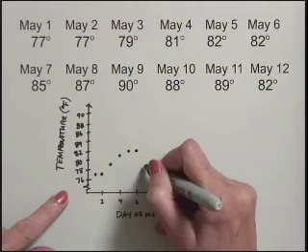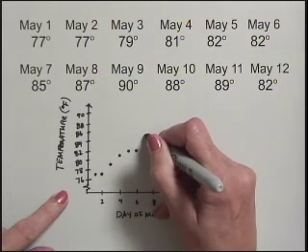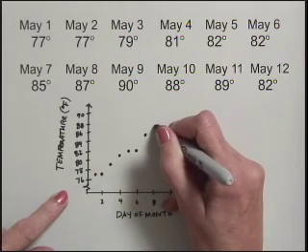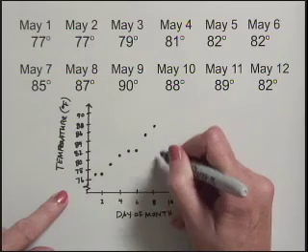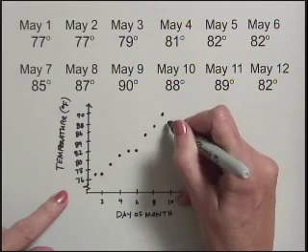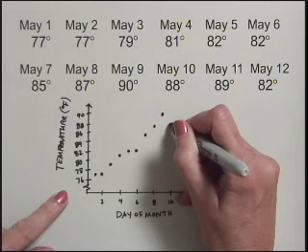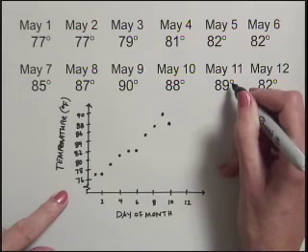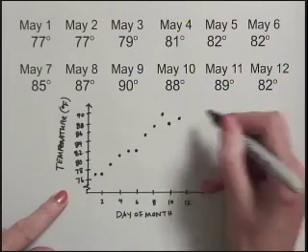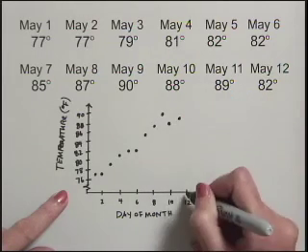On the 7th, we have a value of 85. On the 8th, a value of 87. On the 9th, a value of 90. On the 10th, a value of 88. Then we have a value of 89 on the 11th. And then on the 12th, we have a value of 82.